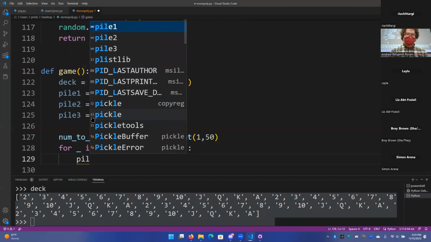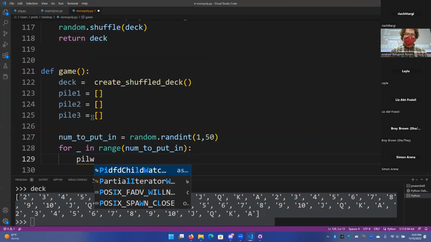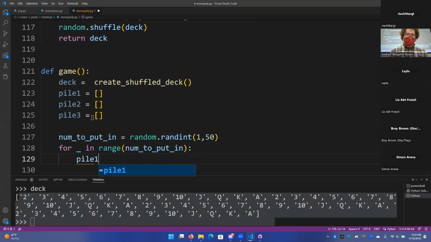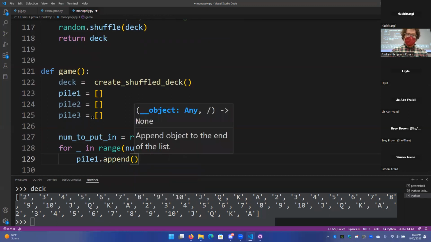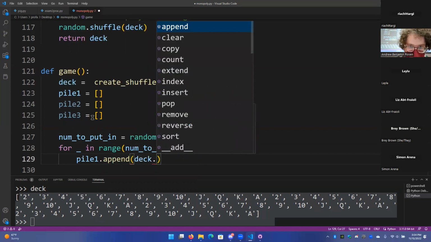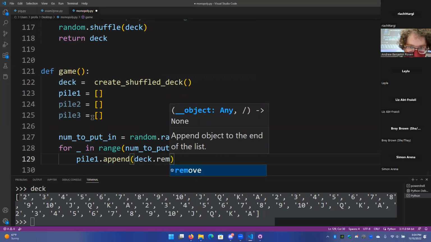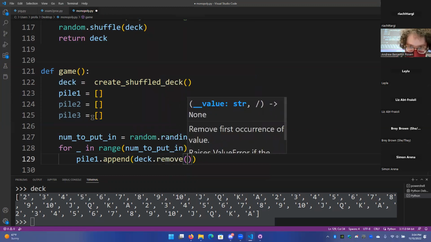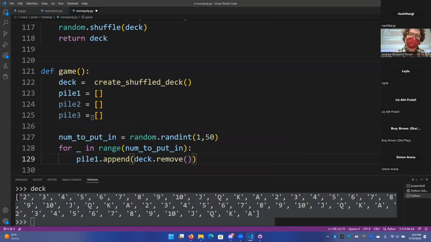Pile 1 dot append, and then we will do deck dot remove, which removes the first occurrence of this value.